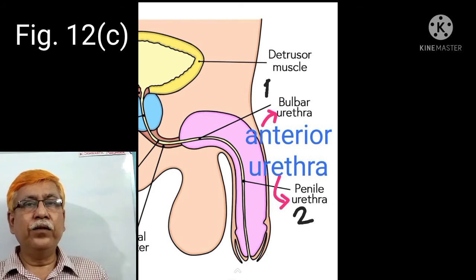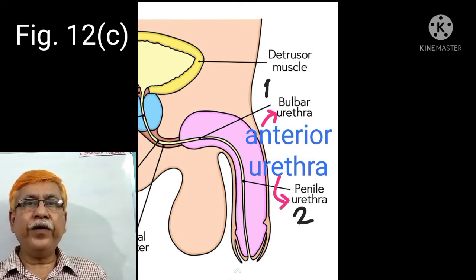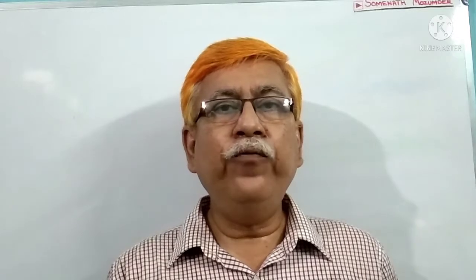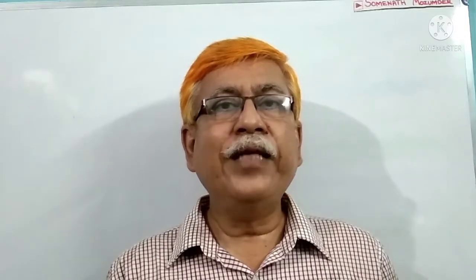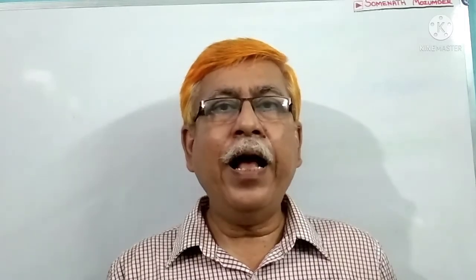It extends from the bulb of the penis to the external orifice or external meatus. Function of the male urethra: the male urethra is the common passage for removal of urine as well as semen.